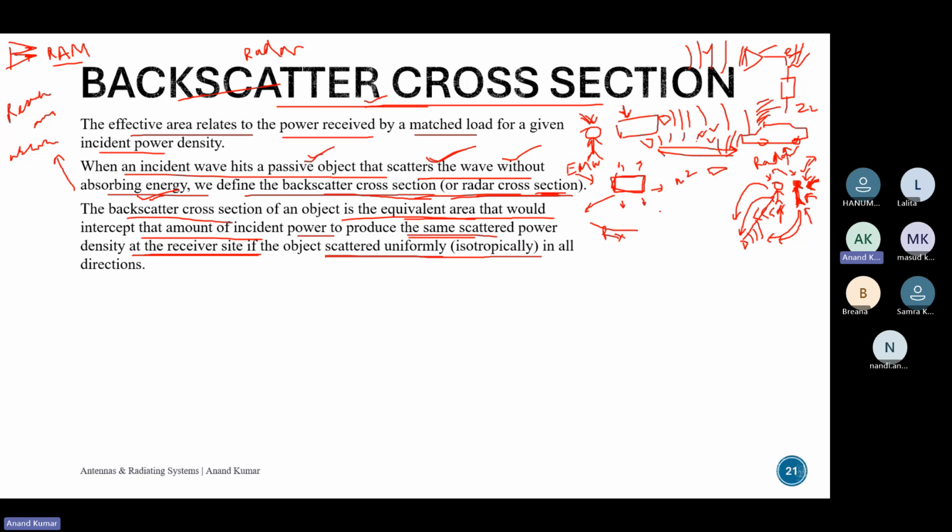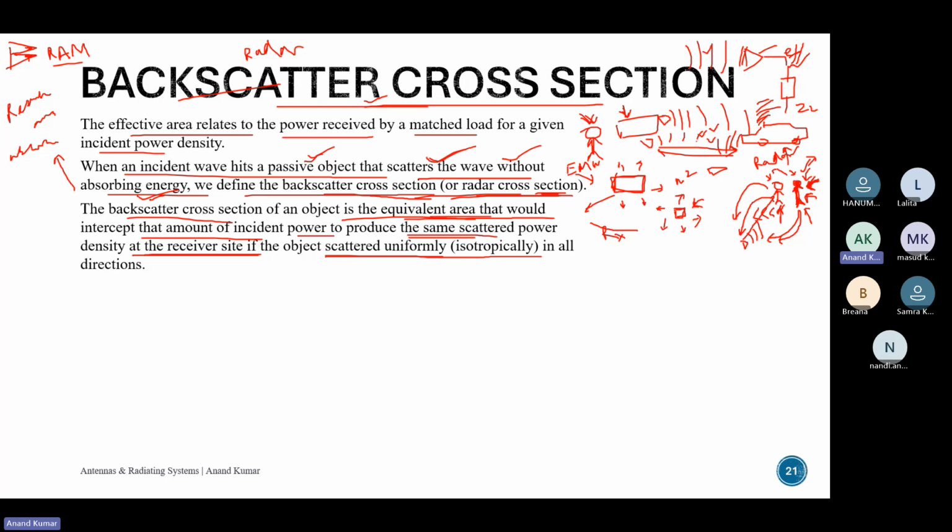What will be a good analogy? So there is some uniform object which could scatter the incident wave isotropically in all directions, comparing it to that. Let's go through this statement again. So this is an equivalent area.